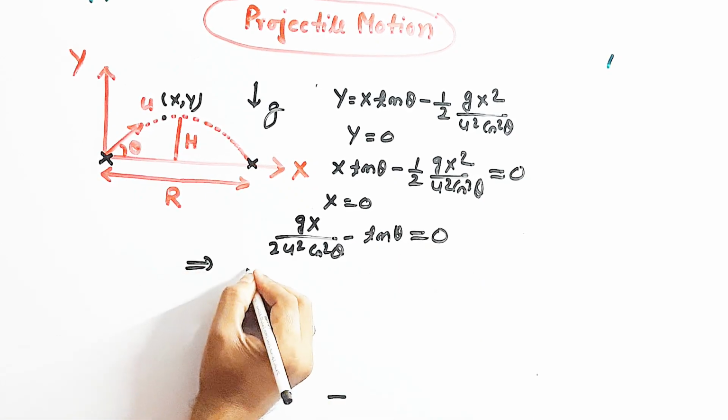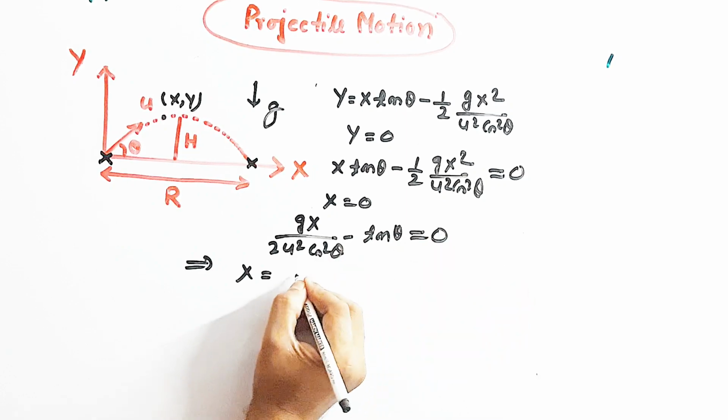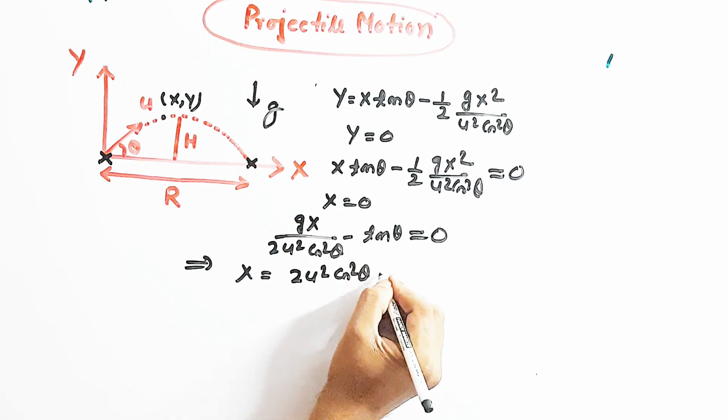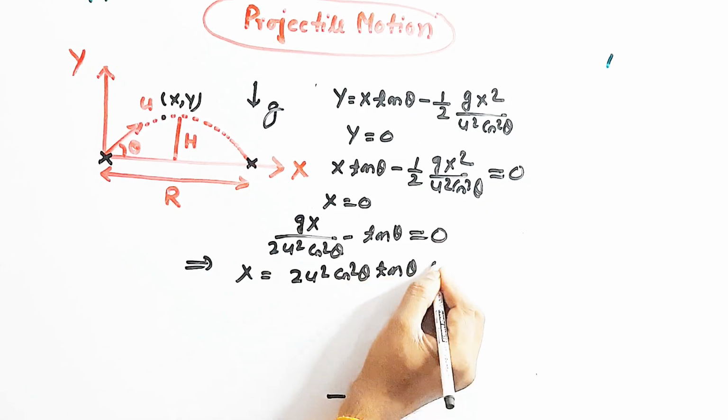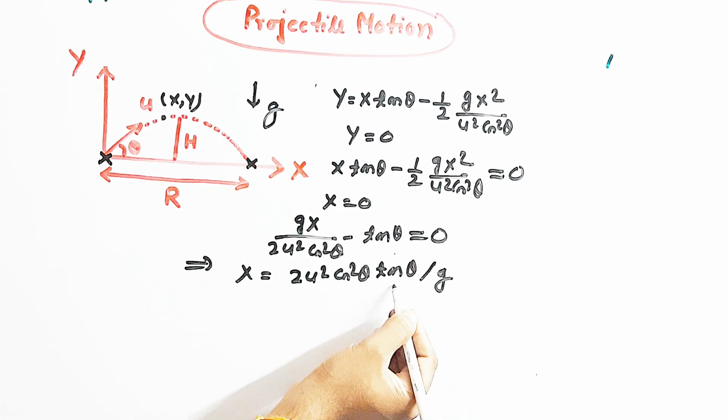Hence, transposing tan theta, x = 2u square cos square theta tan theta divided by g. Here tan theta is sin theta by cos theta, one cos theta will cancel with the square term.